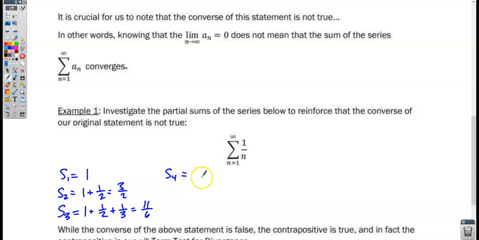And the fourth partial sum is going to be 1 plus 1/2 plus 1/3 plus 1/4. And you notice that these terms just keep growing.